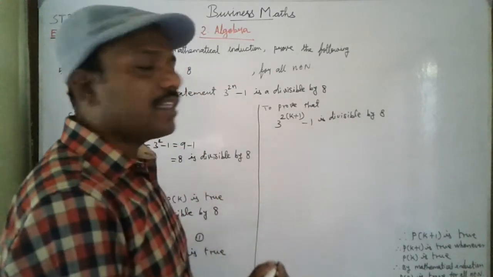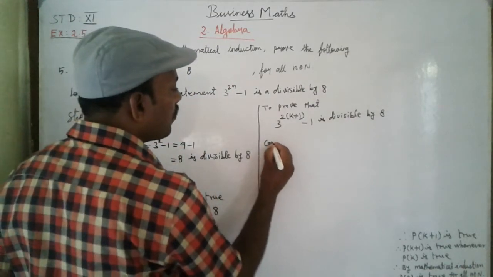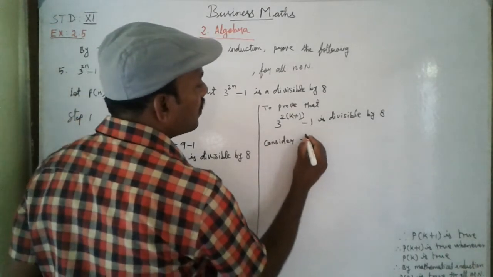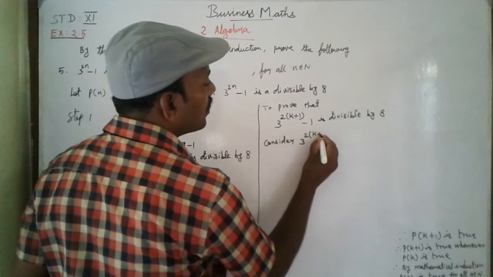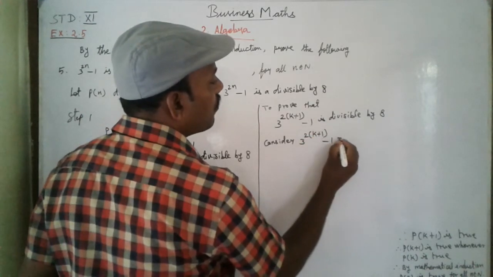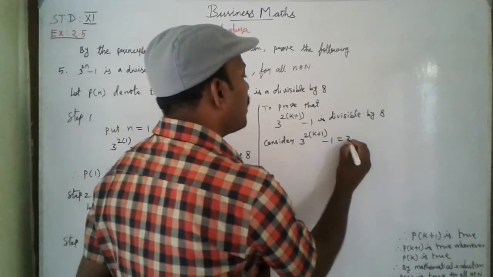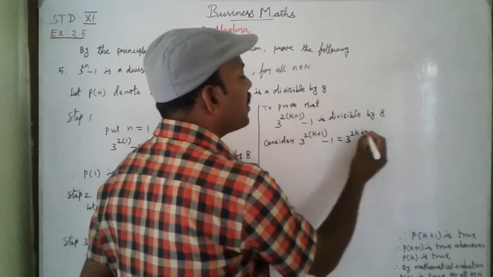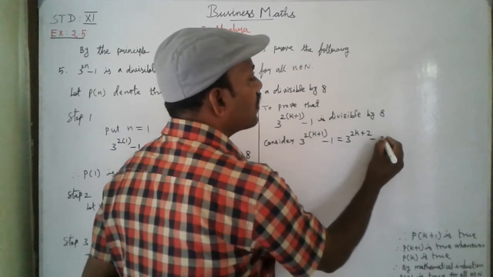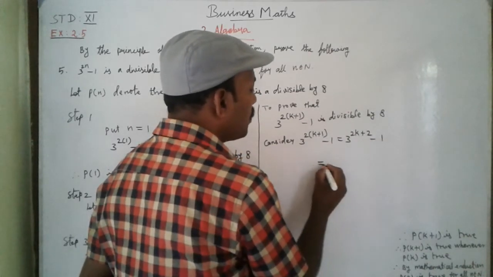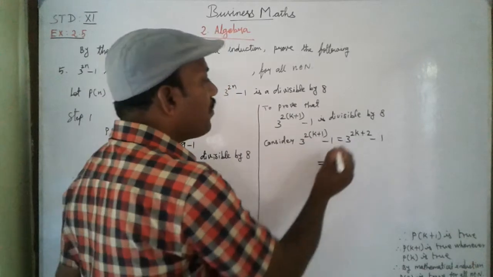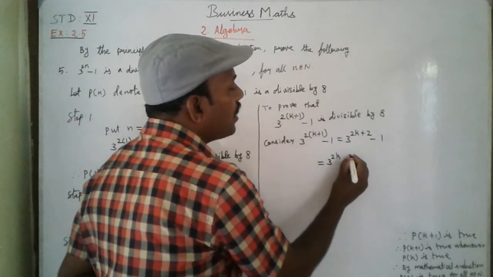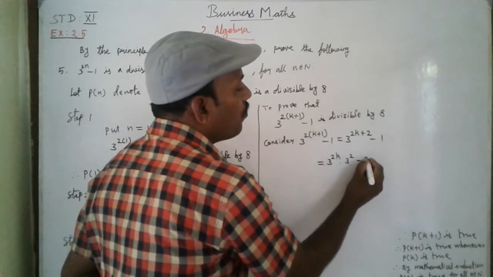We consider 3 power 2 into k plus 1 minus 1, which equals 3 power 2k plus 2 minus 1. So that is equal to 3 power 2k into 3 squared minus 1.